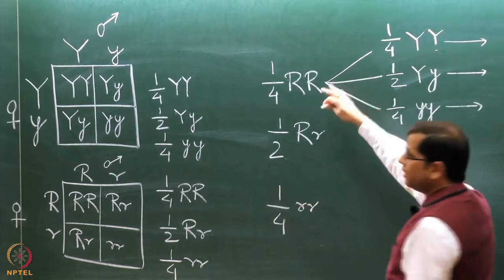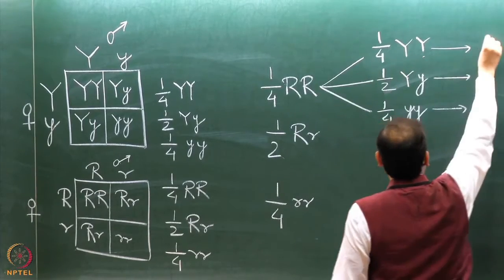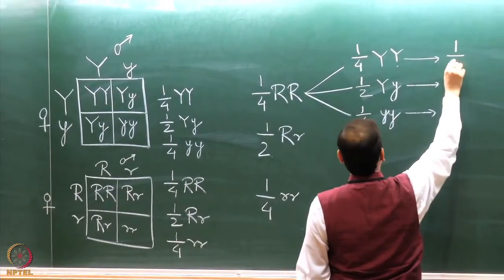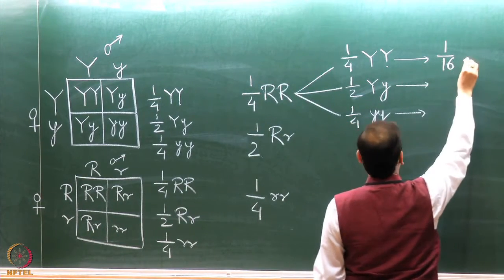If you multiply these individual probabilities for RR and YY, you can start deriving these gametes and what will be their probability. The first one is 1/16.